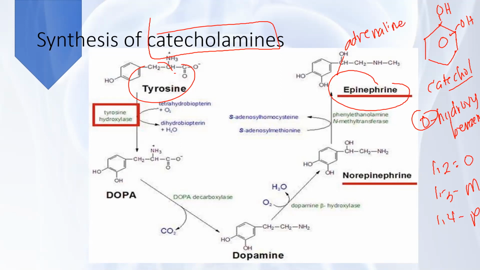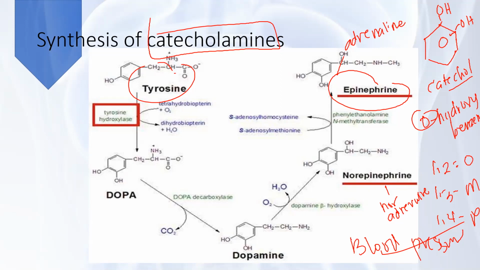And our norepinephrine is our noradrenaline. Now, these two are important in the regulation of our blood pressure. No? May emphasis yung blood pressure. These are all important in the regulation of our blood pressure.